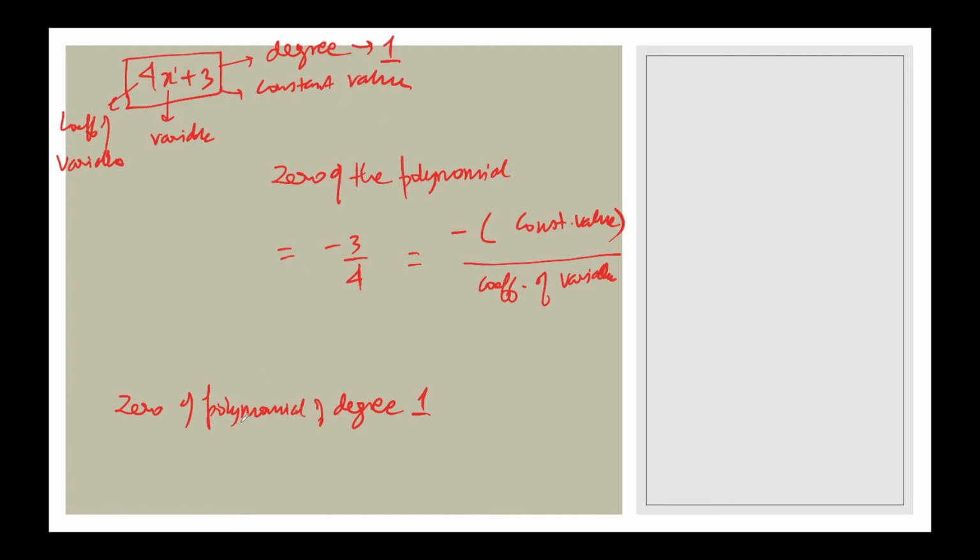So the 0 of a polynomial of degree 1 will be equal to negative of the constant value, whole divided by the coefficient of the variable. This is how you will calculate the 0 of a polynomial of degree 1. Alright.